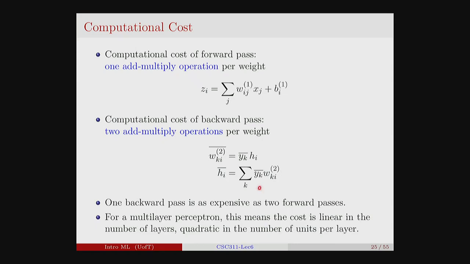And the second add comes from when you add up the gradients across all the children for any particular node. So over many, many computations, you find that one backward pass is about as expensive as about 2 forward passes. And so for a multi-layer perceptron, the cost of backpropagation is going to be linear in the number of layers, but quadratic in the number of units per layer.